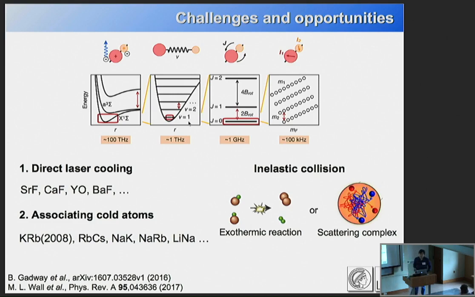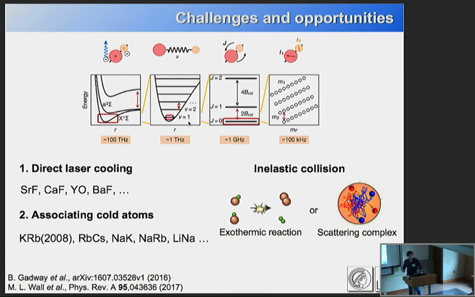Anyway, it's very promising, and the traditional way to create molecules with a very high phase space density is by first making cold atoms, then associating them into molecules, then ground state molecules. This started with Jila's pioneering work, and then a lot of different bialkali molecules came.